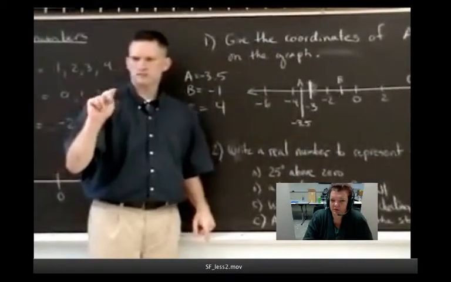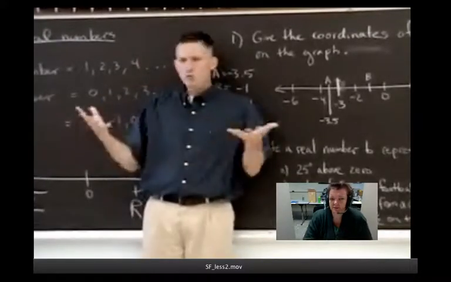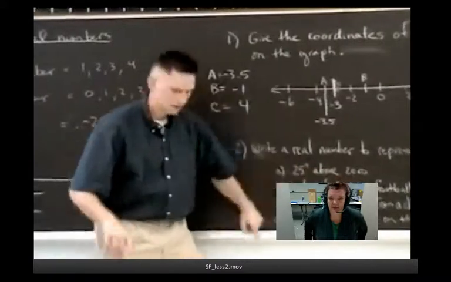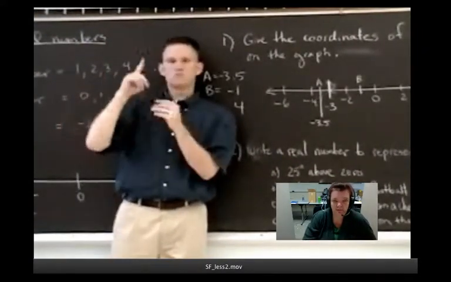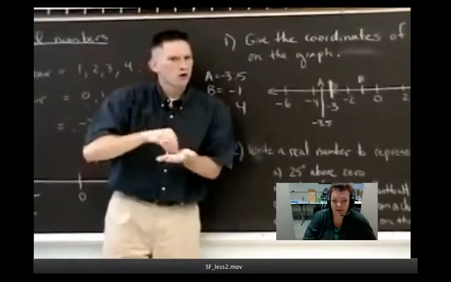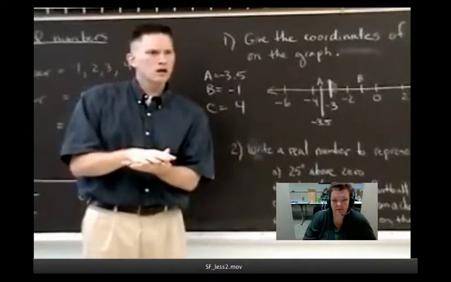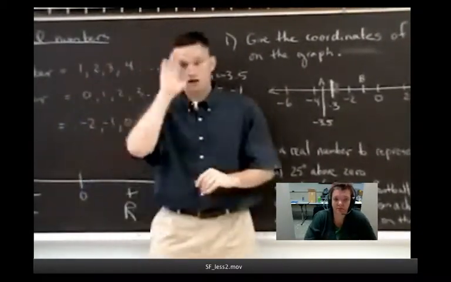Okay, do you know what this word represent? What does that mean? It means you're going to show. Show what? Okay, so like this example, 25 degrees above 0, like on a thermometer. How are you going to write that down? Using numbers, how are you going to write that down? -25?